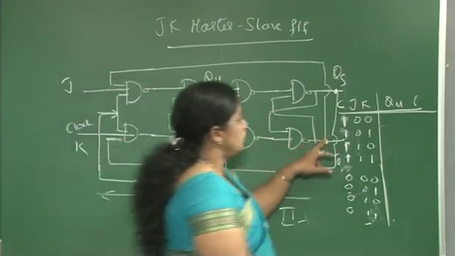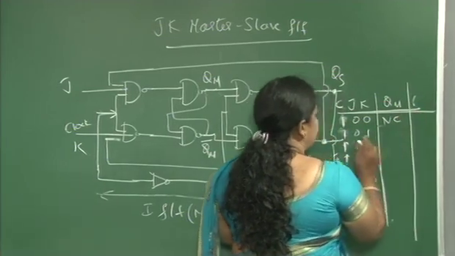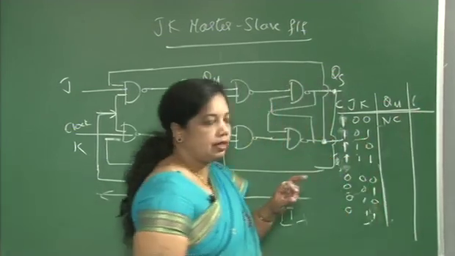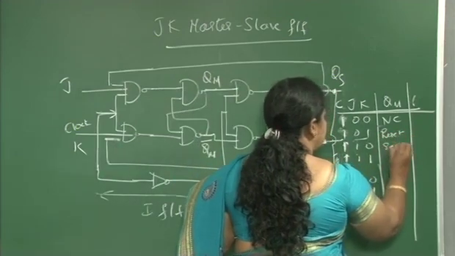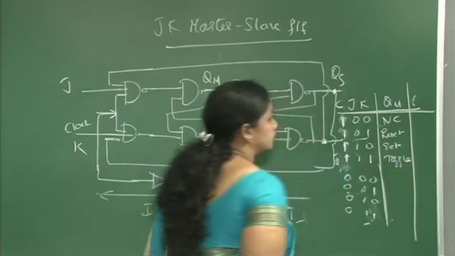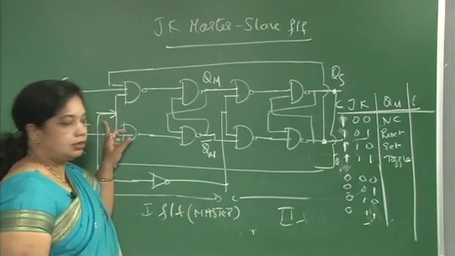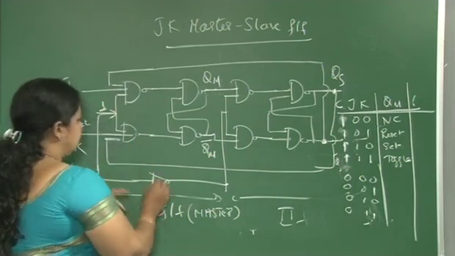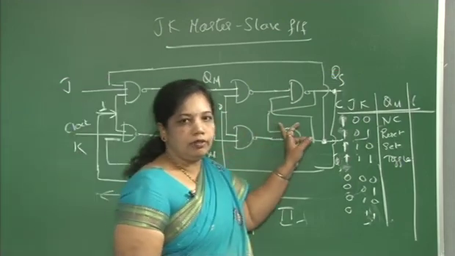When I give 0 0, it is no change condition, and when I give 0 1, it is reset condition, then set condition. So this is toggle condition. Whenever the clock is high, the clock is low to the input of the slave flip flop.